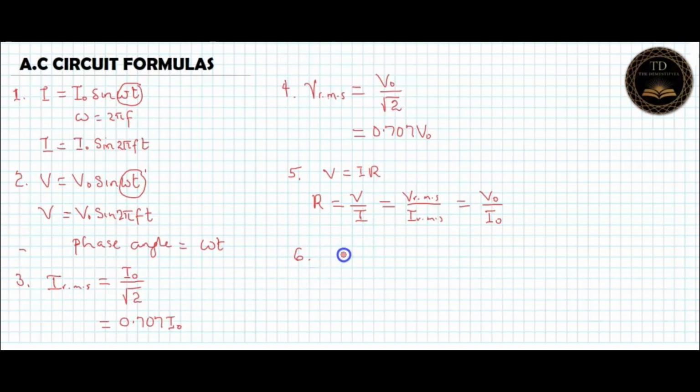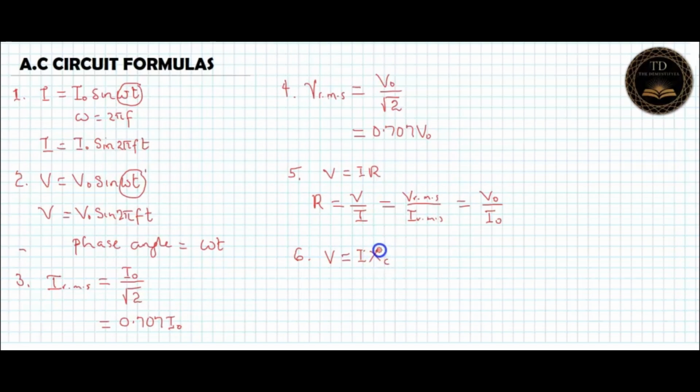Number 6, when you have a capacitor in an AC circuit, I'll use the same Ohm's law. V is equal to I times something. Now a capacitor opposes the flow of alternating current, and that opposition is referred to as the capacitive reactance, and it's given by XC.